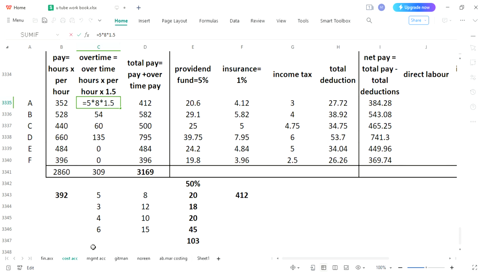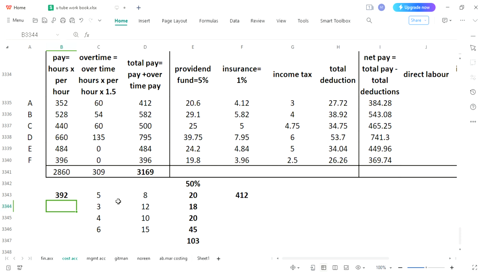In the second case, if you want to include 1, that means 100% in normal hours, so instead of taking 44, you take 44 and 5, 49 hours, multiplied by per hour rate 8. Now what happened, out of 1.5, one part was included here and the remaining 0.5, meaning 50%, is written over here. Collectively you will get the same amount 412, 412.